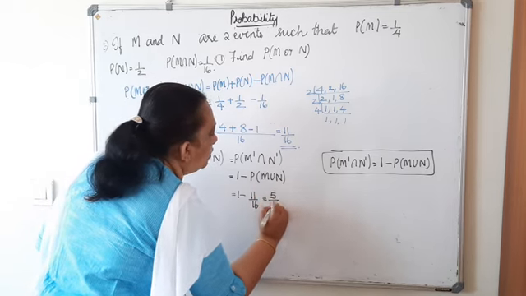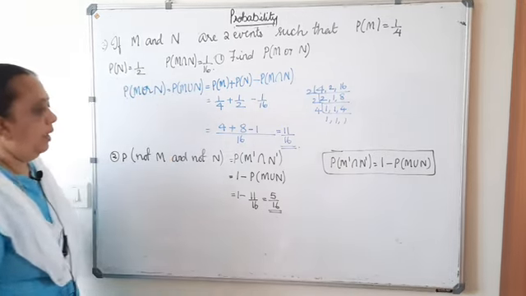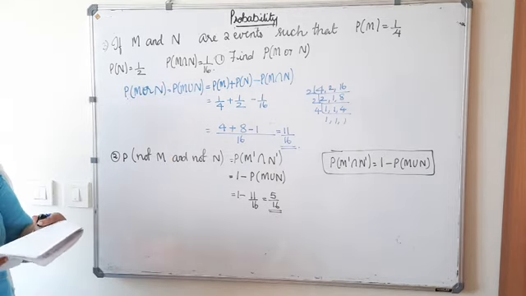So 1 minus 11 by 16 is equal to 5 by 16. That is P of not M and not N.